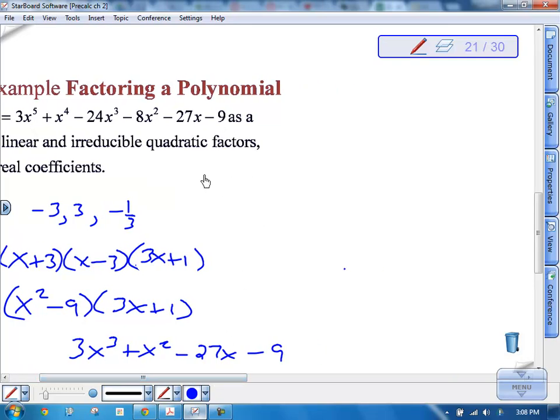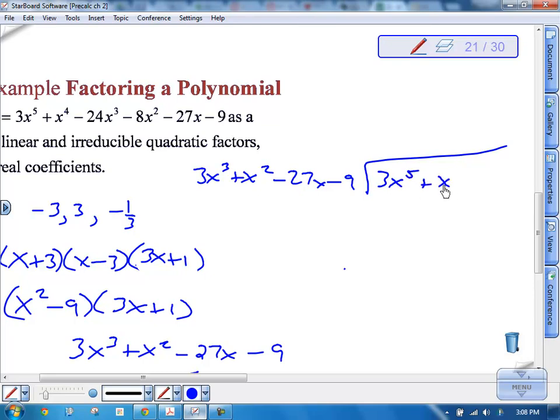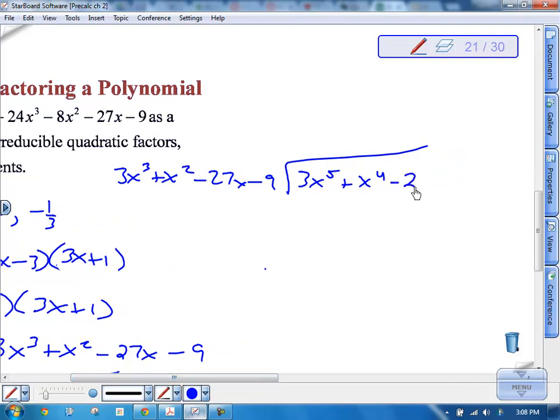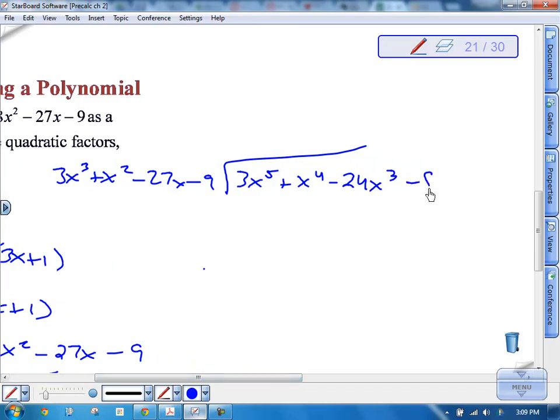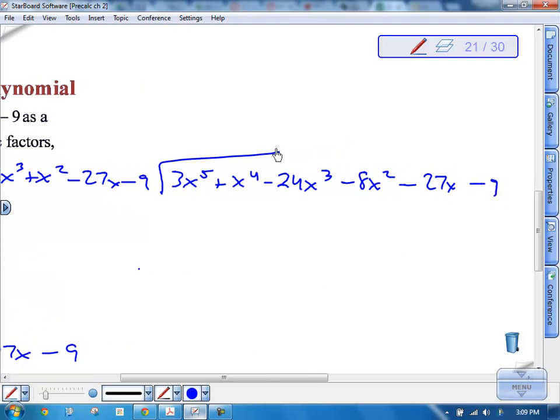So I'm going to write this up here, and divide it into this long polynomial, 3x to the 5th plus x to the 4th minus 24x cubed minus 8x squared minus 27x minus 9, and I'm going to just do this long division.